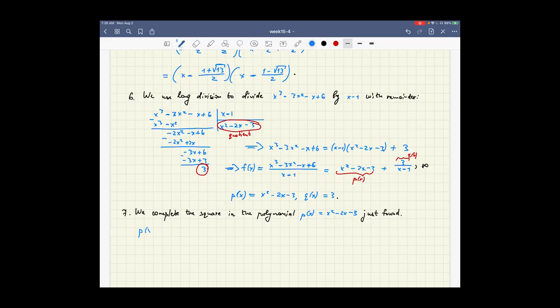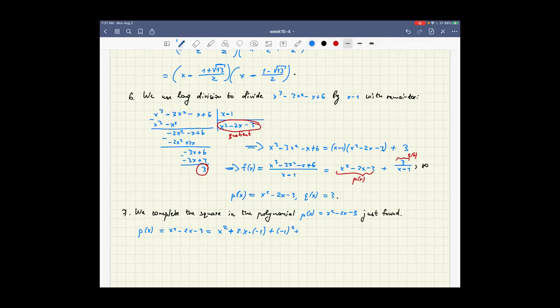So we have p, which is x squared minus 2x minus 3. Again, there is no need to factor out the leading coefficient because it's already 1. So we write the linear term as 2 times x times negative 1. So we see that the other number other than x in the sum must be negative 1.